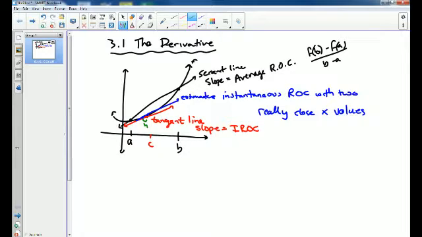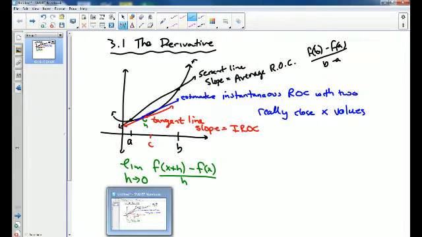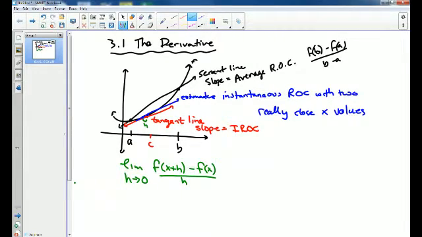What is that h value? 0. So if I can close this gap to 0, then I will have that instantaneous rate of change, right? So we do a limit as h approaches 0. There's your limit definition of a derivative, number 1.